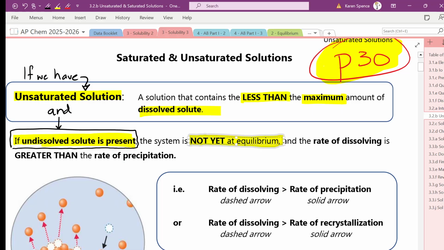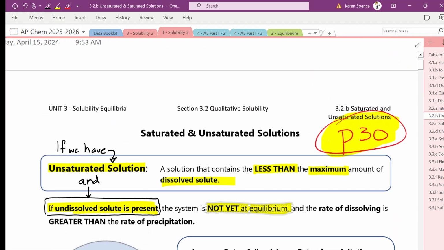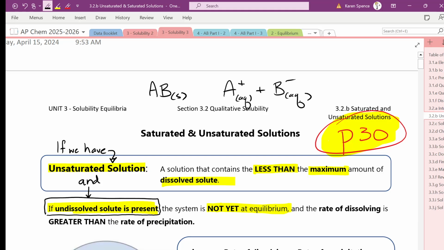And if we are not yet at equilibrium, which rate is faster? Forward rate is faster, right?